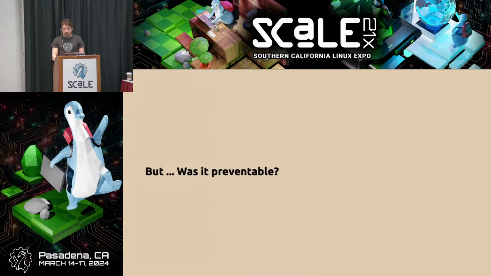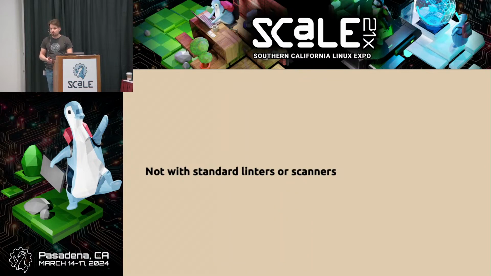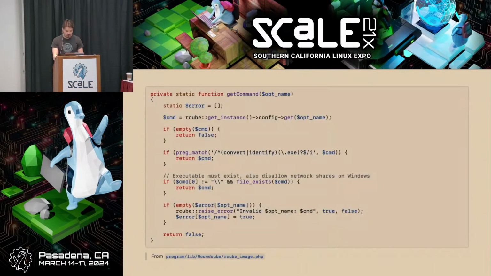And then the question is, was this preventable? What do you think? Yes, it was, but there is a but: not with standard linters and scanners. As you previously saw, there are some functions, for example rcube::exec, that Bandit or Cppcheck or any other linter will not understand by default.